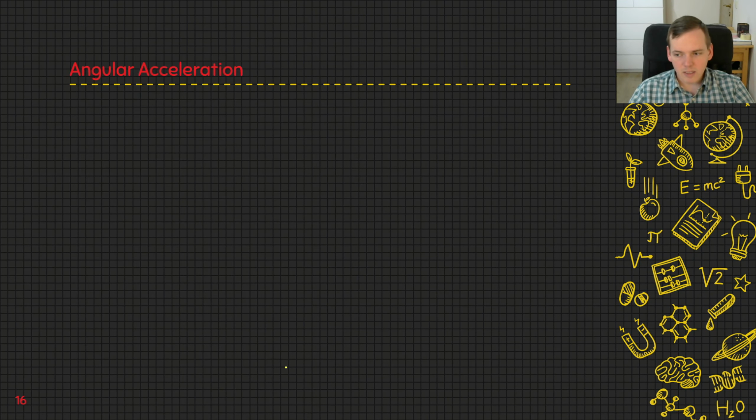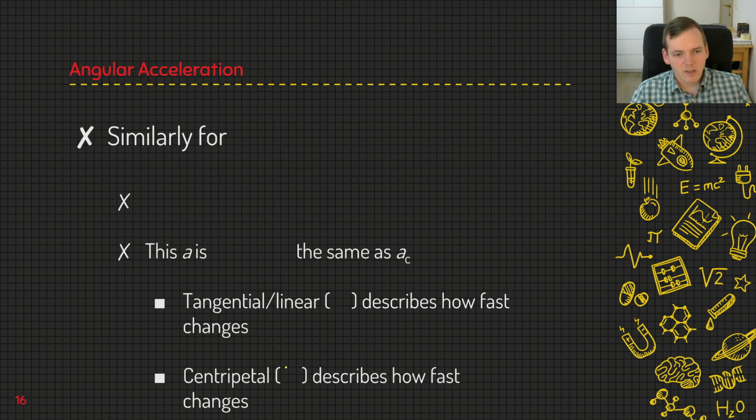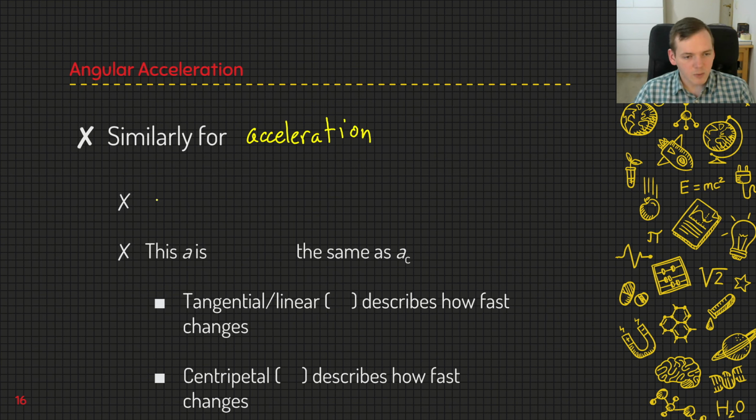Now if we relate the angular acceleration, similarly for acceleration, by the same logic we can divide the previous equation by delta t, and we'll get the idea that a is equal to r times alpha, where alpha is the angular acceleration.